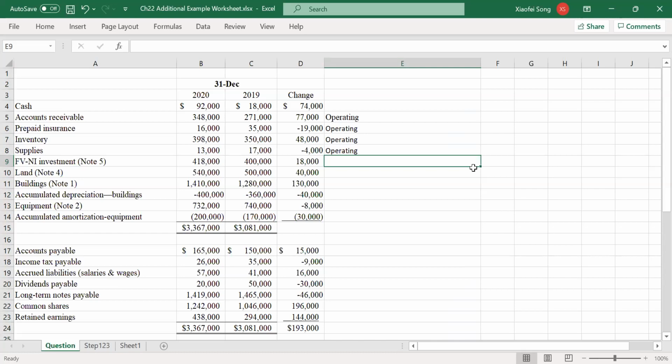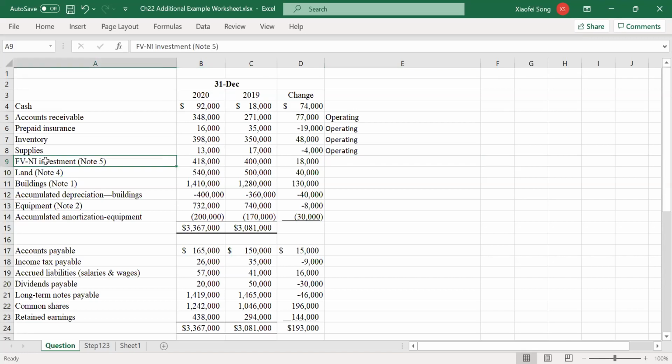For us, we introduced the gain or loss from sales of equipment. I think that's a complex one, but we have one more. There are others, such as bad debt, deferred tax, and pension. We do not talk too much about those. It's not that hard, but we have limited time.